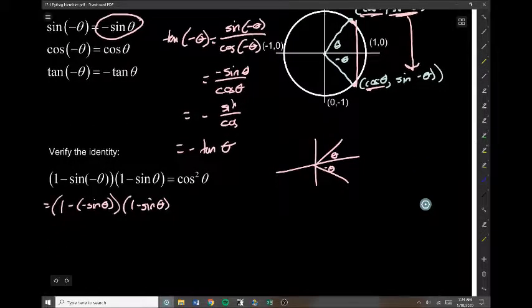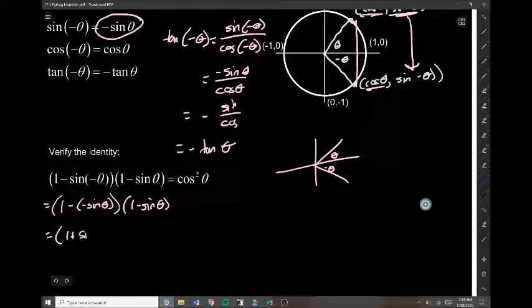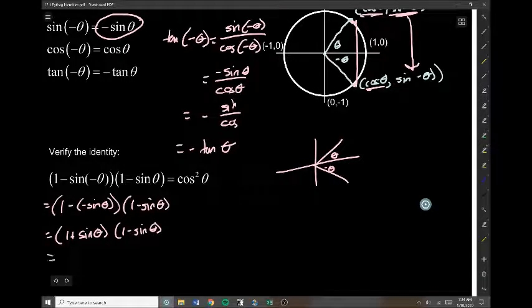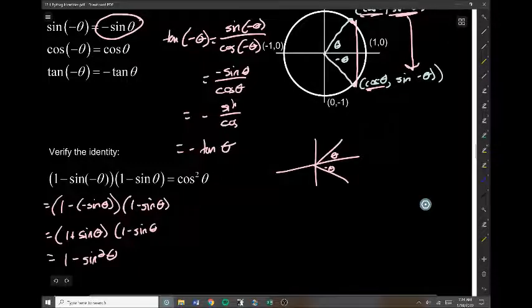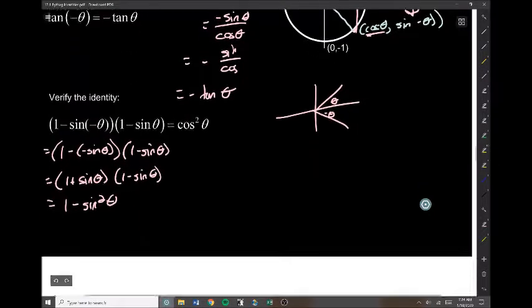Well, 1 minus negative sine theta is 1 plus sine theta. 1 plus sine theta times 1 minus sine theta becomes 1 minus sine squared theta. If you're not sure how I got that, take a second and actually FOIL 1 plus sine and 1 minus sine. They're a difference of squares, so you get 1 minus sine squared.